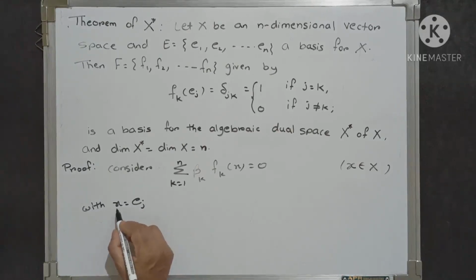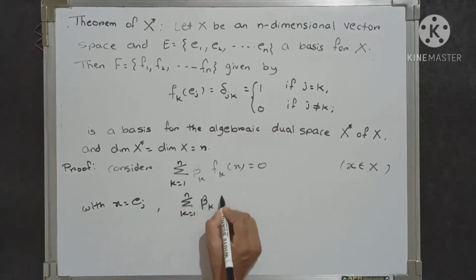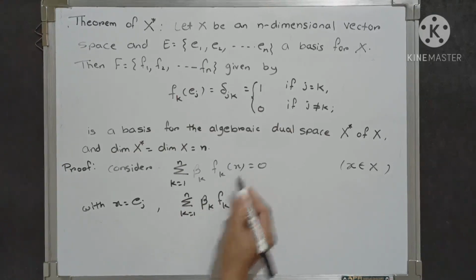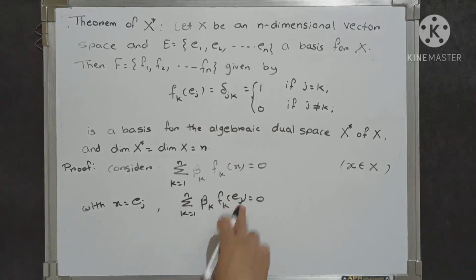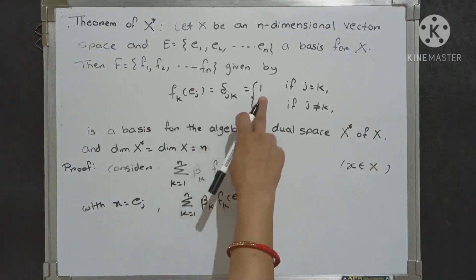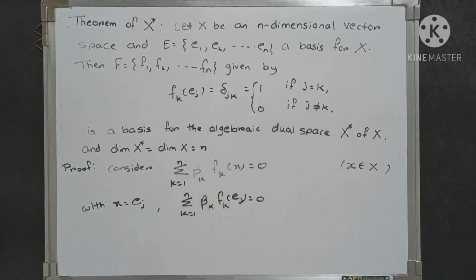Then for this x equals Ej, we get the summation k from 1 to n of beta k Fk of Ej equals 0, but Fk of Ej is nothing but delta kj, and delta kj equals 1 for j equals k, and equals 0 for j not equals k.